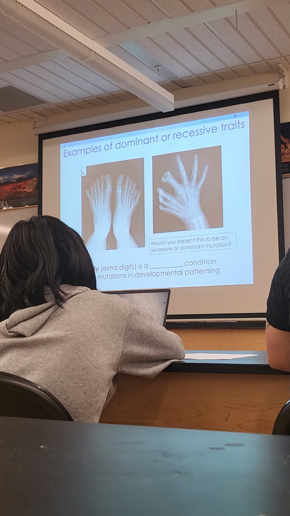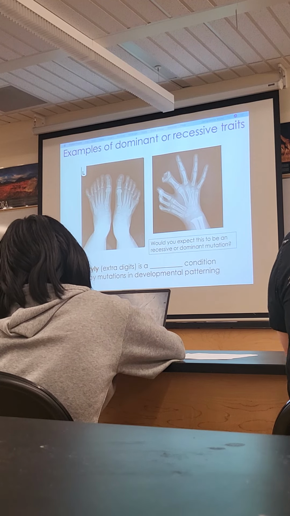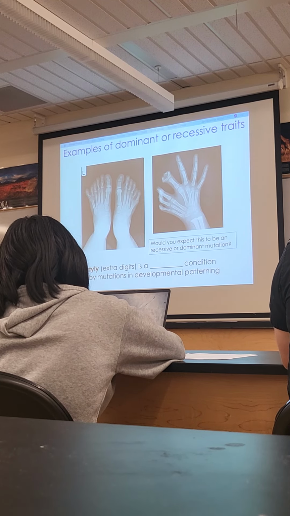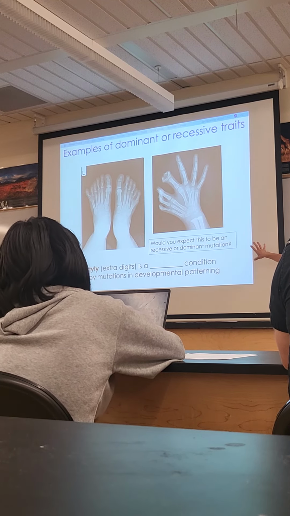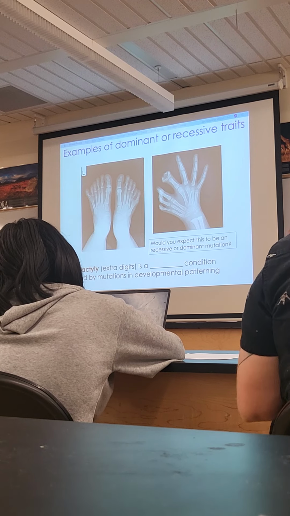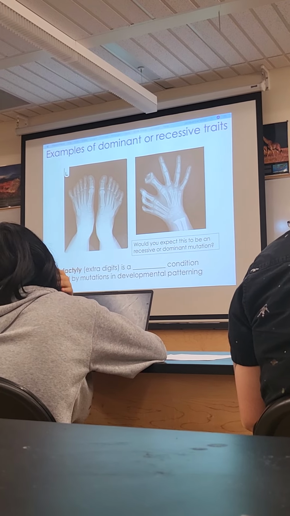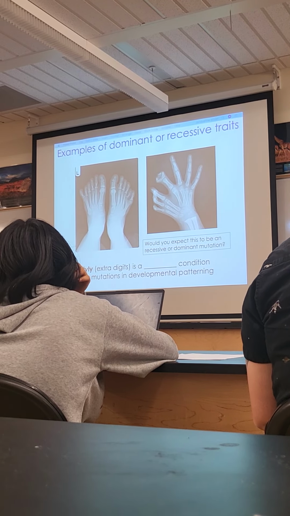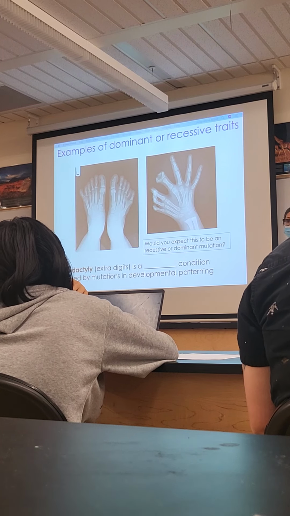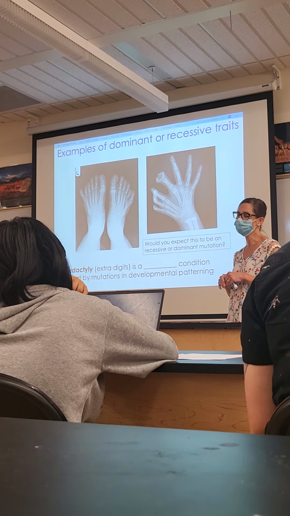You think, if it's overriding, we should see a lot of people with polydactyly. But I want to make sure in your minds that when you think of a dominant trait, you don't think it's common. How common a trait is has to do with how many people in a population have that allele. There's actually quite a few dominant traits that are not that common.